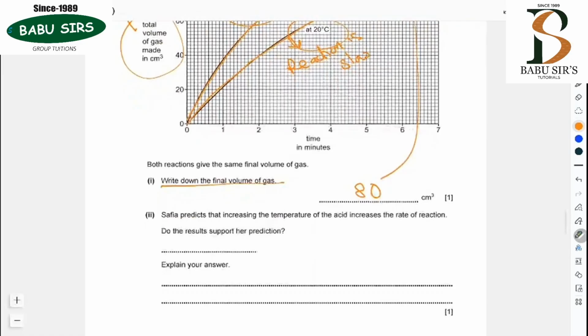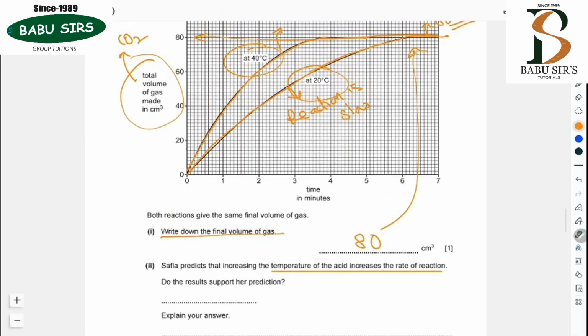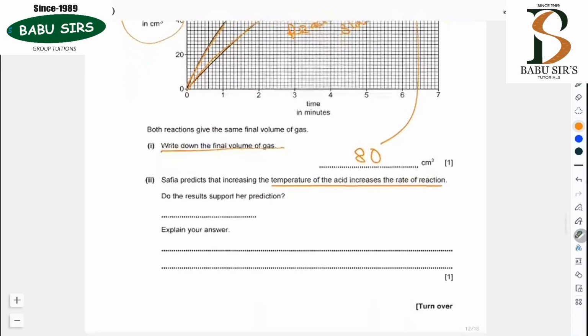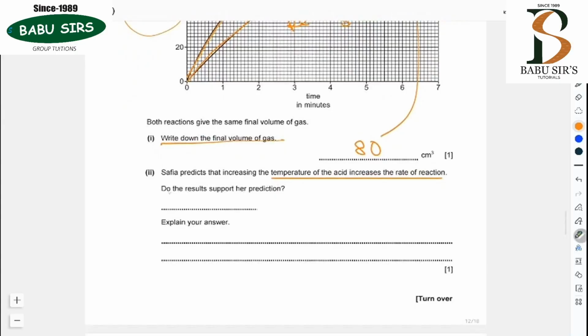Second question. Cephia predicts the increase in temperature increases the rate of reaction. So you can see when it is 40, it was fast, and when it is 20, it was slow. So do the results support her prediction? Yes. Why?